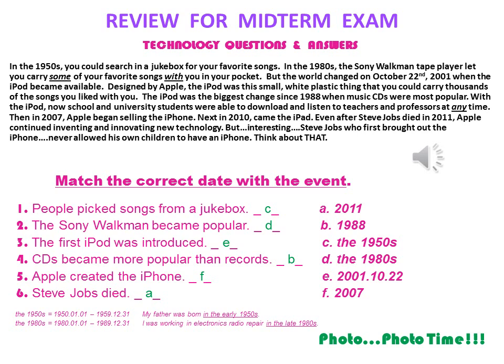The iPod was the biggest change since 1988, when music CDs were most popular. With the iPod, school and university students were able to download and listen to teachers and professors at any time. Then, in 2007, Apple began selling the iPhone. Next, in 2010, came the iPad. Even after Steve Jobs died in 2011, Apple continued inventing and innovating new technology. But interesting, Steve Jobs, who first brought out the iPhone, never allowed his own children to have an iPhone.